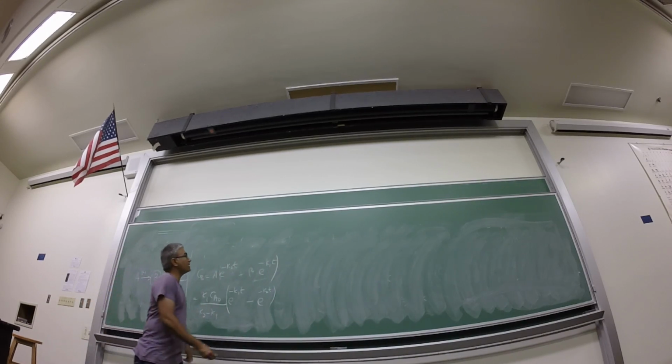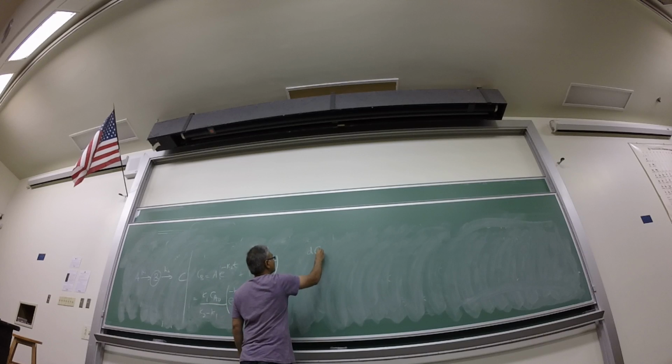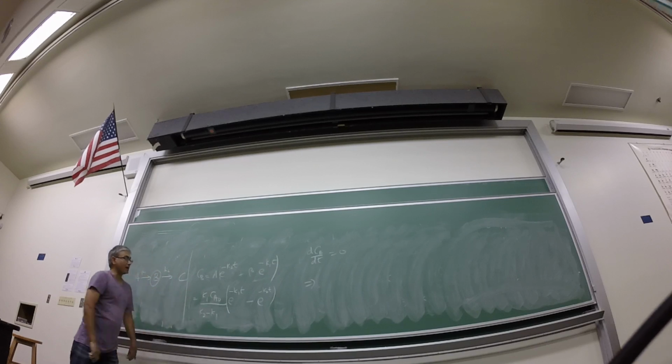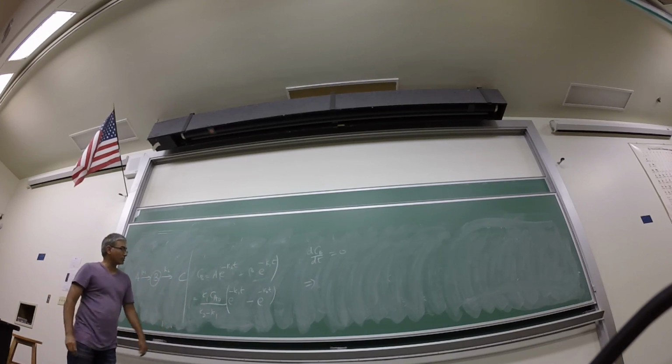So you set dCb/dt equal to 0. This stuff outside doesn't really matter because it's just a constant.